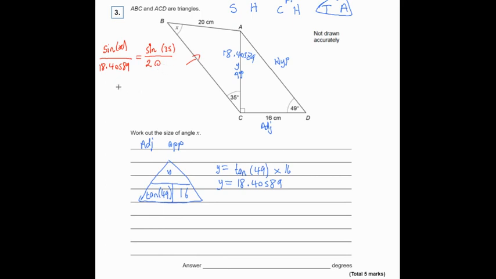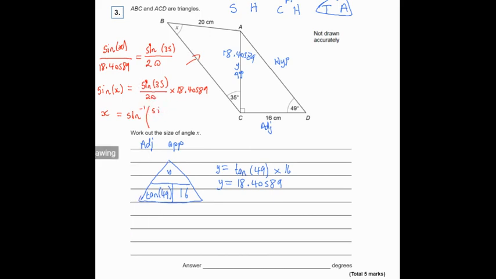Okay? Then I'm going to rearrange this because I want sine x by itself. So sine x is equal to sine 35 over 20 times 18.40589. Then x is equal to the inverse sine of this answer here.